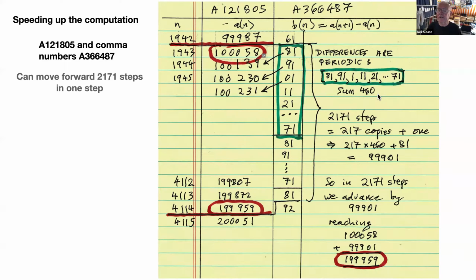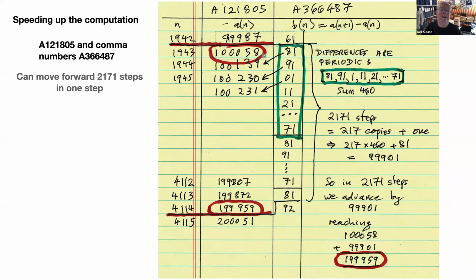Now the sum of these is 460, and there are altogether 2,171 terms between here and here. So we can say we're going to get 217 sets of 10, contributing 460 times 217, which is 99901, and then there's one more, which is the next 81.